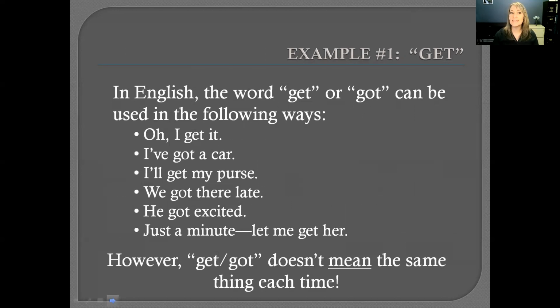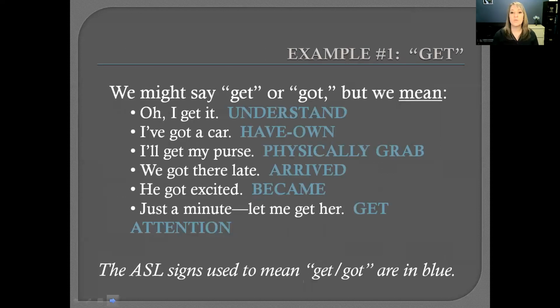Those mean something different, right? It's the same word in English, but it's not the same meaning every time it's used in those six examples. So we might say get or got, but what we actually mean is, oh, I get it. We mean understand. I've got a car. That means to have or to own something.